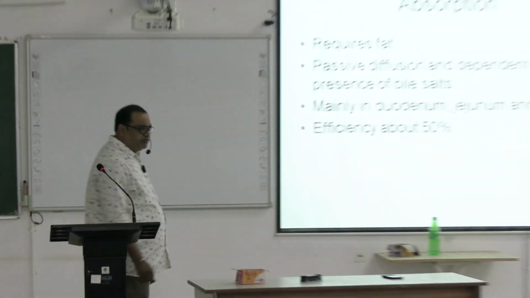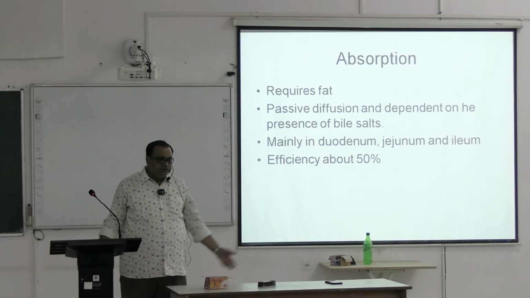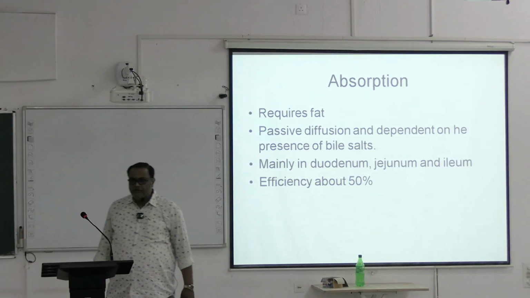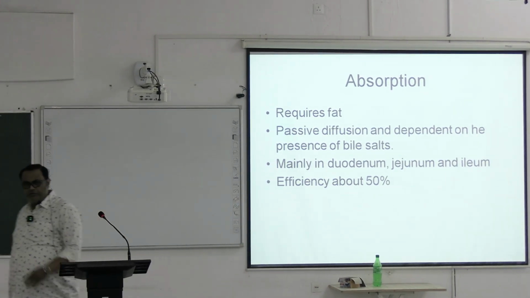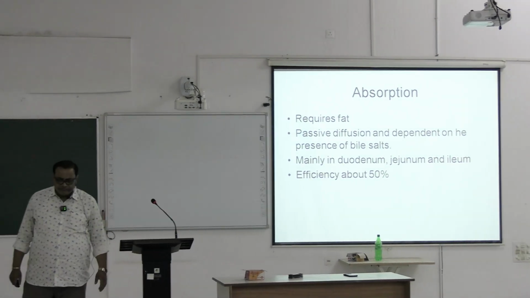Absorption requires what? Uninterrupted supply of bile. That means in case of obstructive jaundice, there will be no absorption of any fat soluble vitamin. Correct?